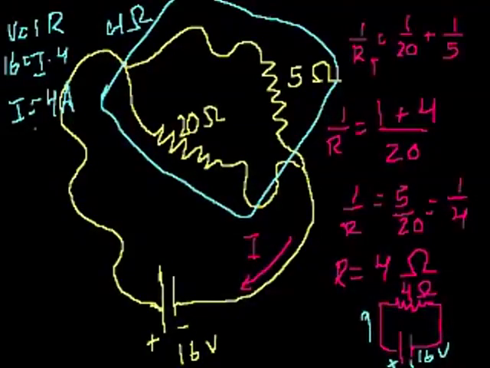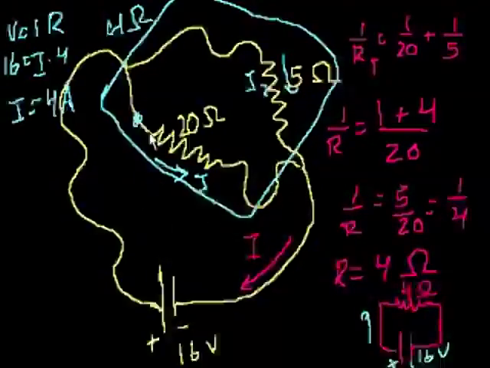So let's do something interesting. Let's figure out what the current is flowing through this. What's the current I1? And what's this current, I2? Well, we know that the potential difference from here to here is also 16 volts, because this whole thing is essentially at the same potential, and this whole thing is essentially at the same potential.